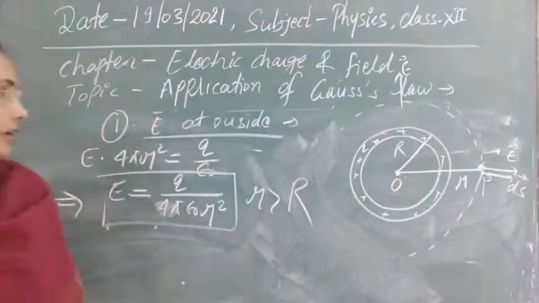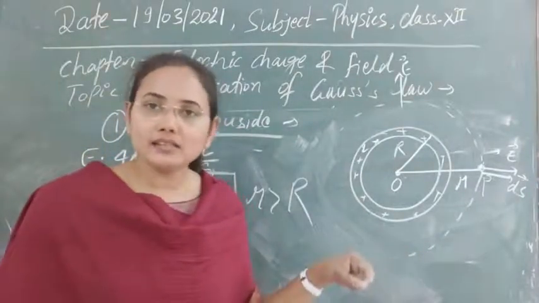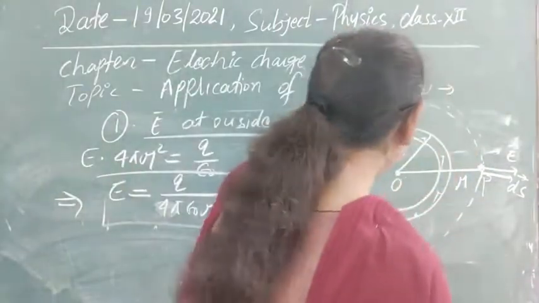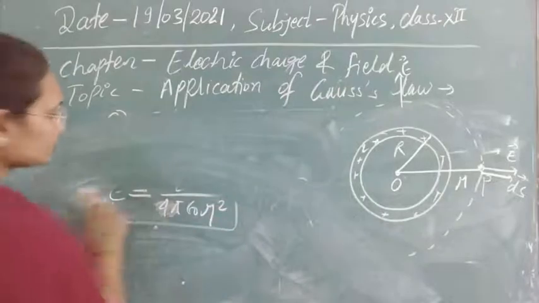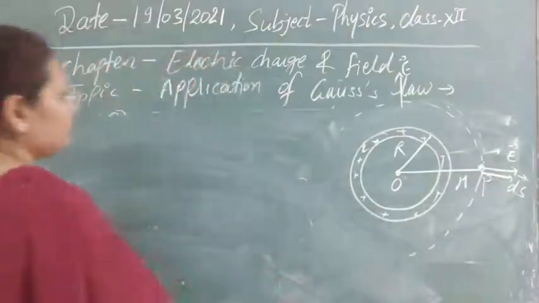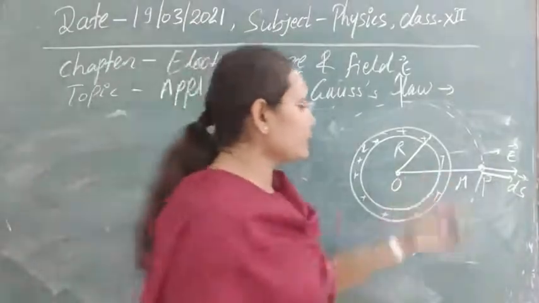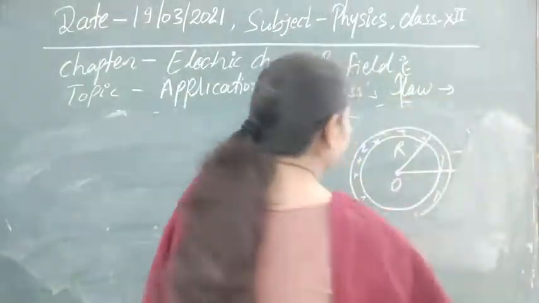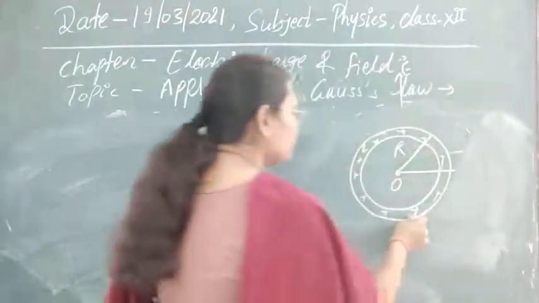Second case: if we take any point that is at the surface of the spherical shell. In that case, we will do the same procedure again. Here this spherical shell will serve as the Gaussian surface, because we have taken a point P at the surface.